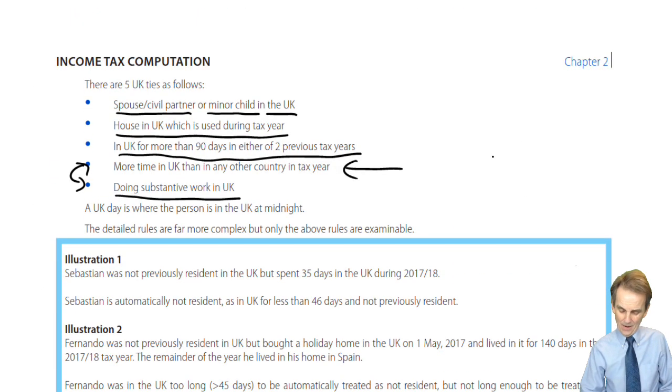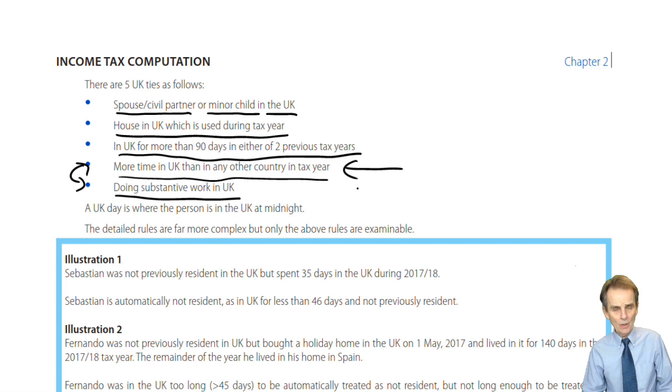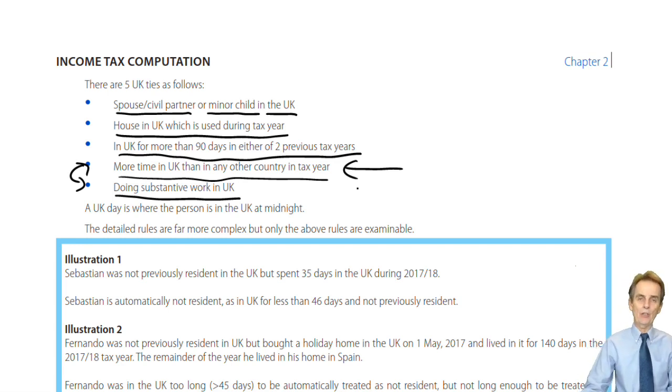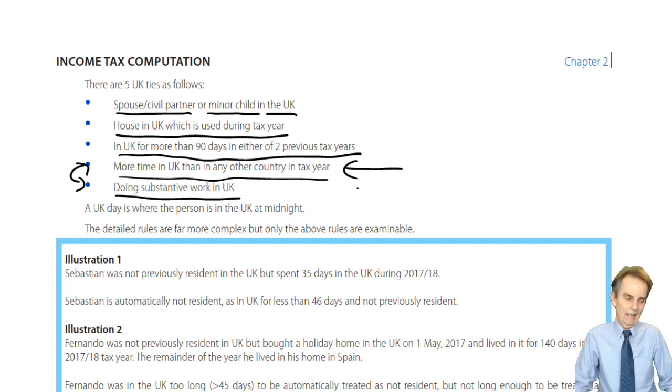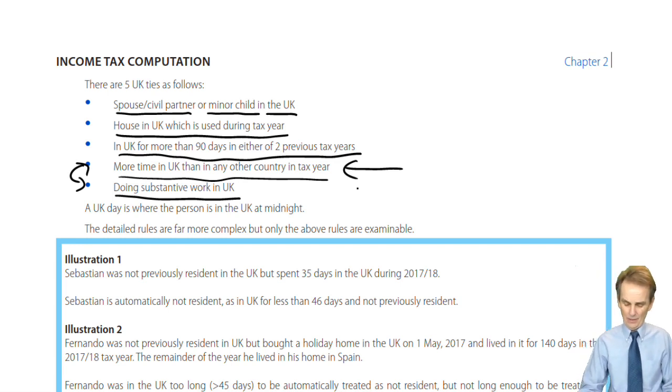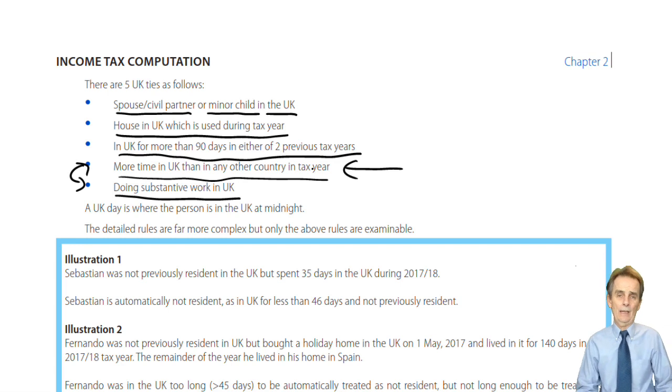That test of more time in the UK than in any other country in the tax year is only a tie test for someone leaving the UK, i.e. someone who had previously been resident in the UK. Again, at any point in any of the previous 3 years. Okay, what would happen on that one if you were to do it?